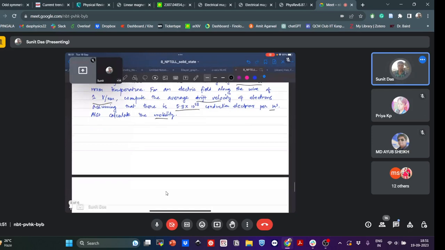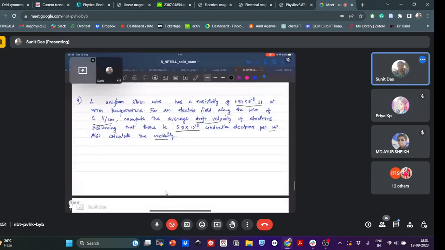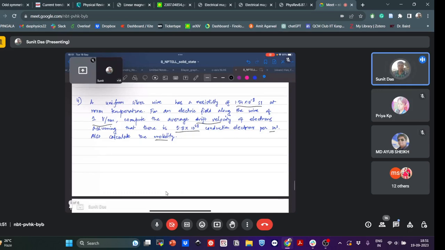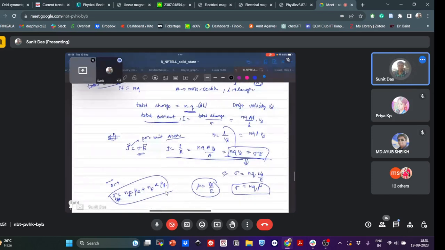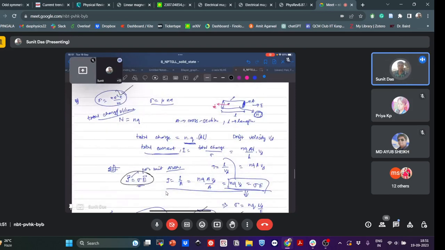So just calculate. Whatever I discussed here will be used. Basically this equation may be used, and sometimes this equation as well. And of course for the drift part there is this equation.